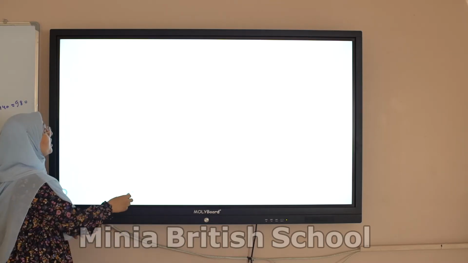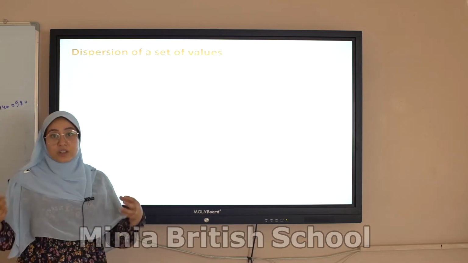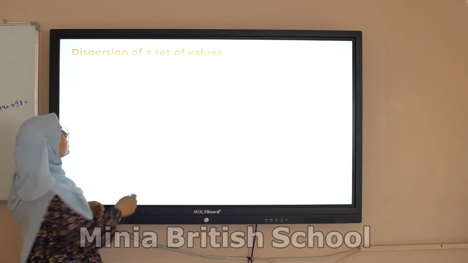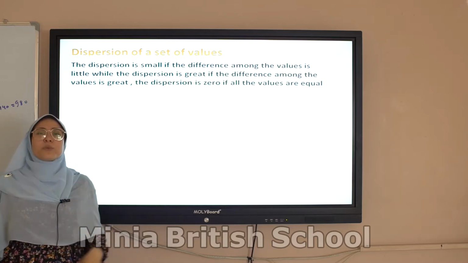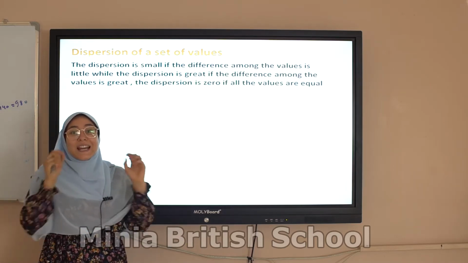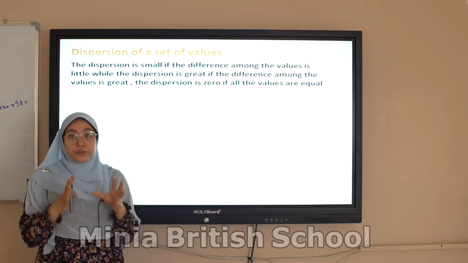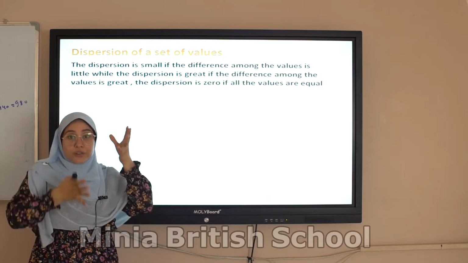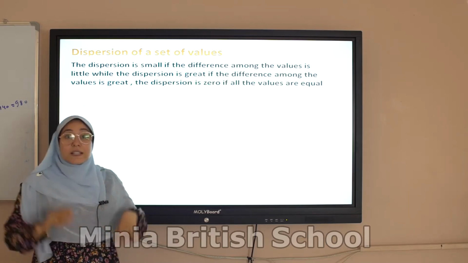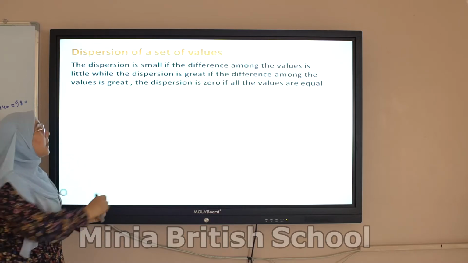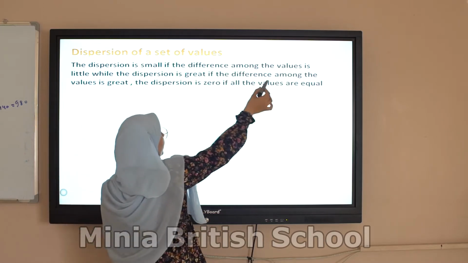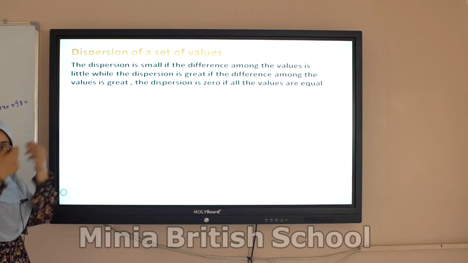So, what is the meaning of dispersion? Dispersion of a set of values. Dispersion is the difference among the values. So dispersion is small if the difference among the values is little, okay?